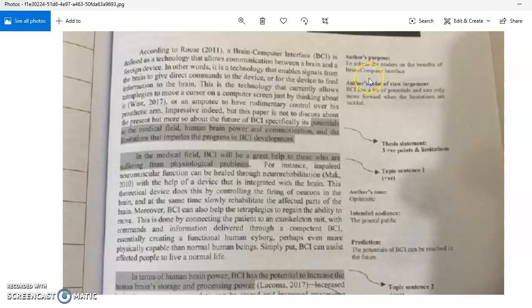Some students came to me and asked if it is possible to put all these things at the very bottom, because they do not know how to divide the paper into two columns. I advise you to work hard, use your Googling skills, and learn how to divide the paper into two columns.